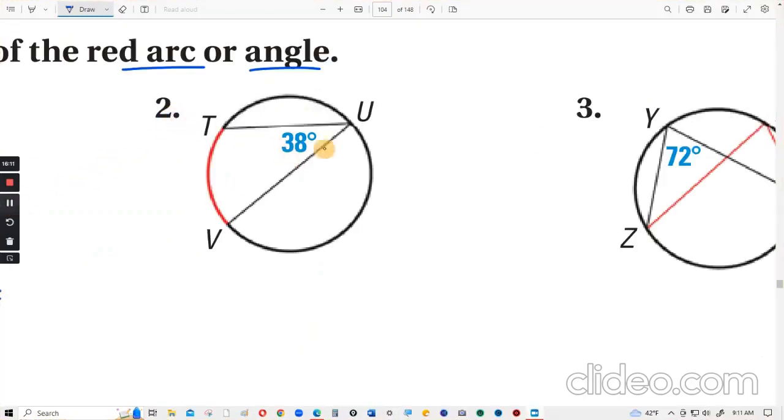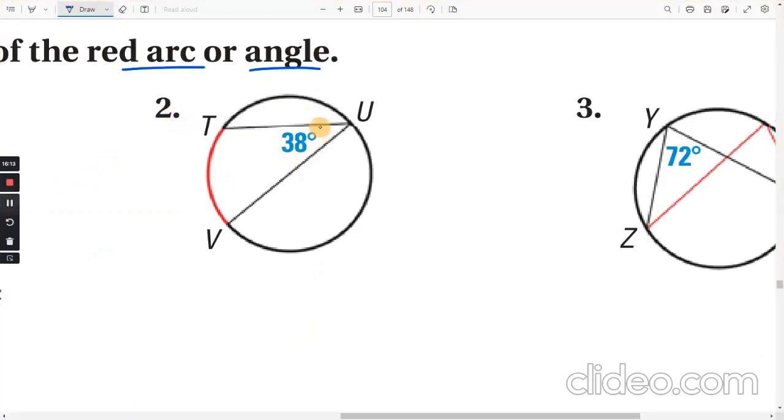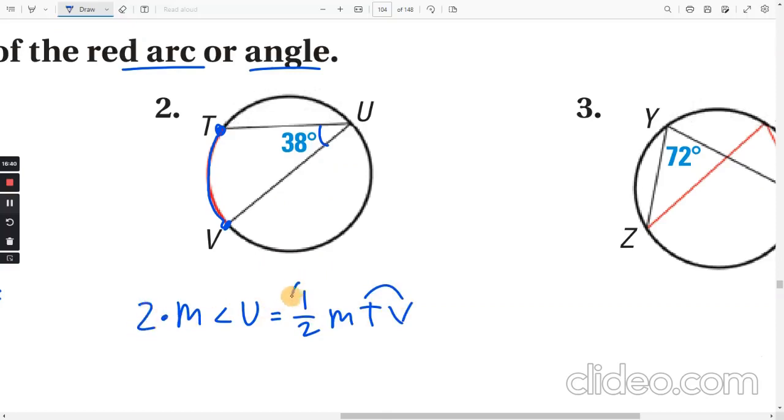Number 2. Here's the angle right here. That's angle U. And we know that's going to be 1/2 of the arc that goes from T to V. We don't have TV, so I'm going to multiply both sides by 2 in order to get rid of the 1/2.